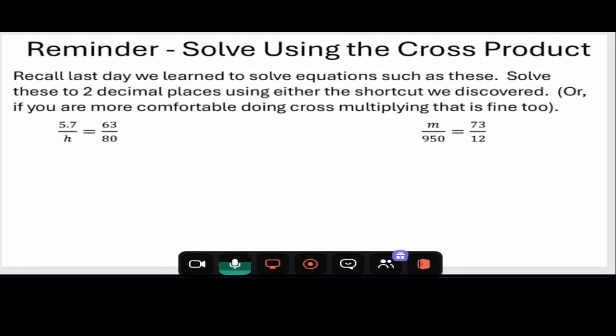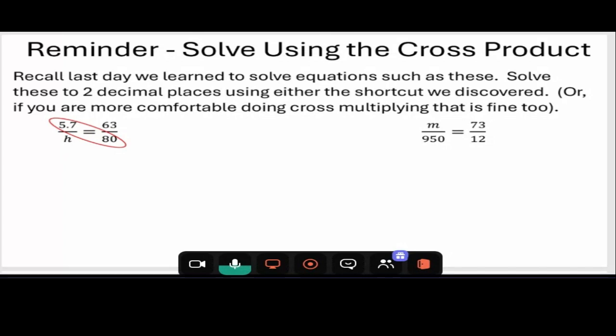Okay, so as a reminder, our fast way of doing this is to recognize that this is the special pattern that our shortcut works on and identify the cross product that doesn't have a variable in it. So in this case, that is the 5.7 and the 80.